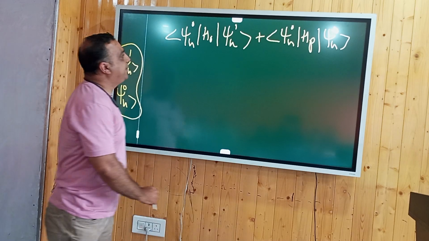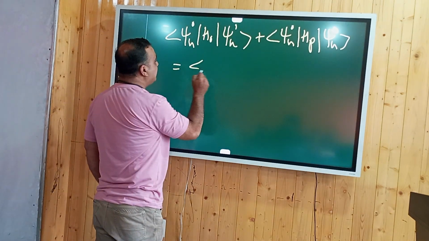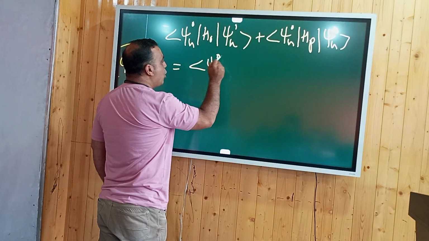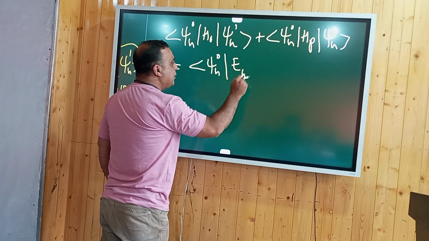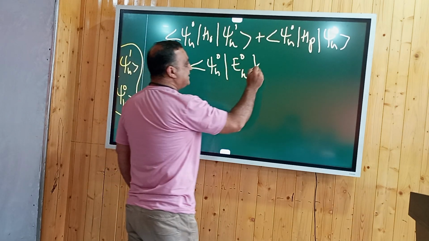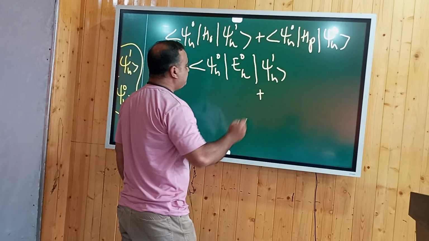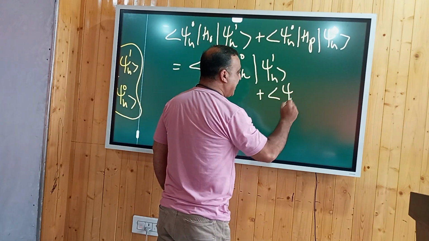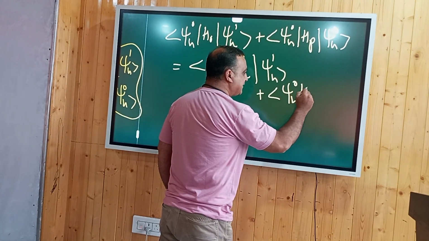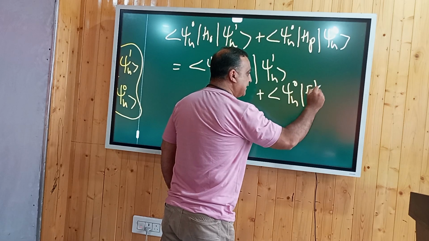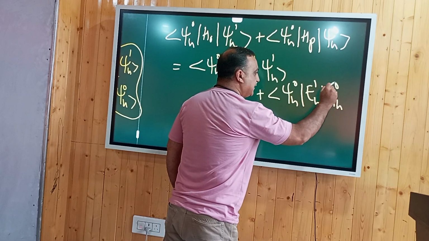This is equal to psi n naught, E n naught, psi n 1, plus psi n naught, E n 1, psi n naught.